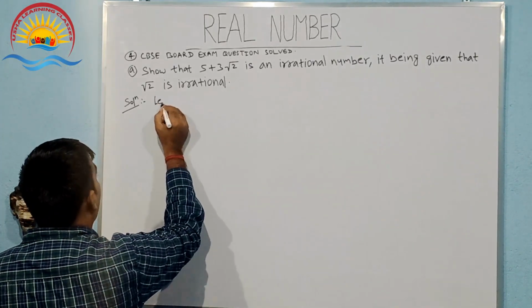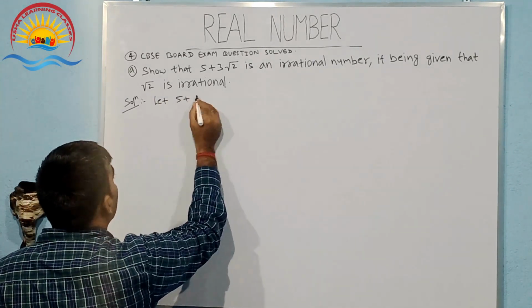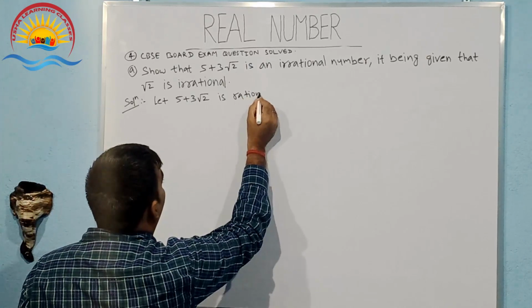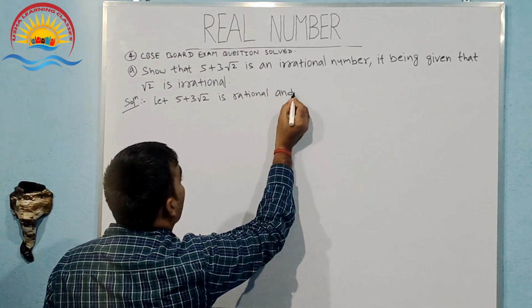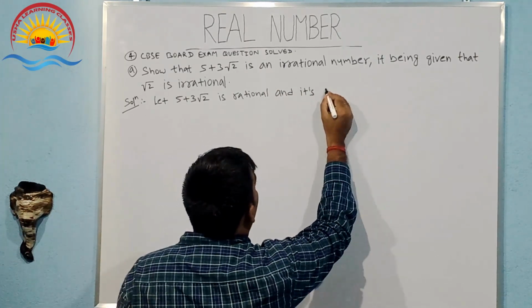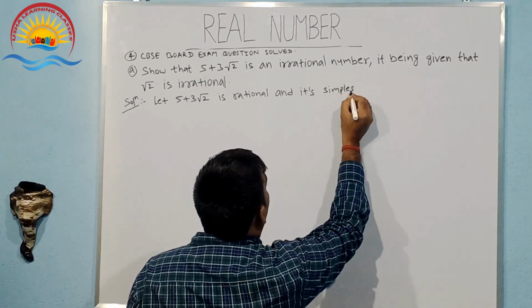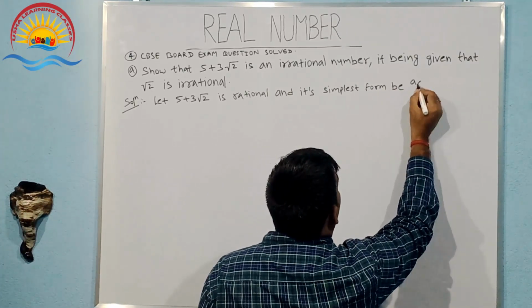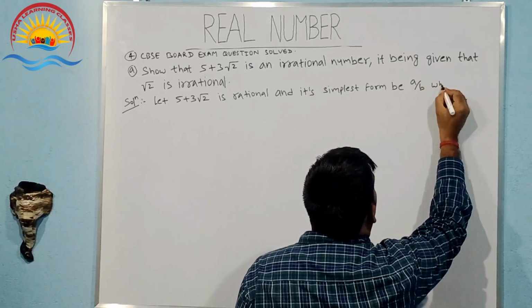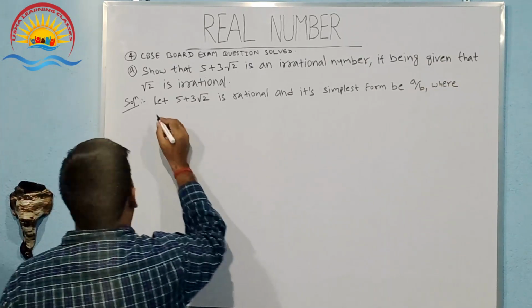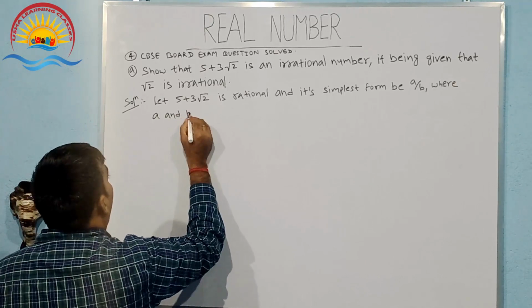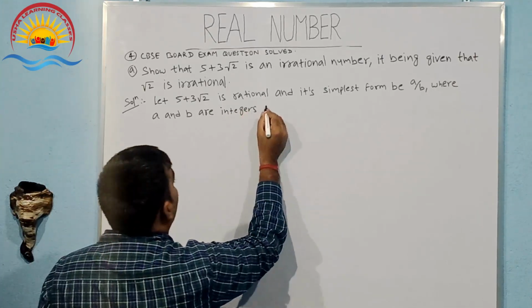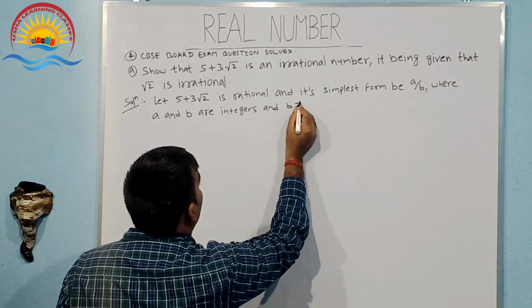Suppose 5 plus 3 root 2 is rational and its simplest form be a by b, where a and b are integers and b is not equal to 0.